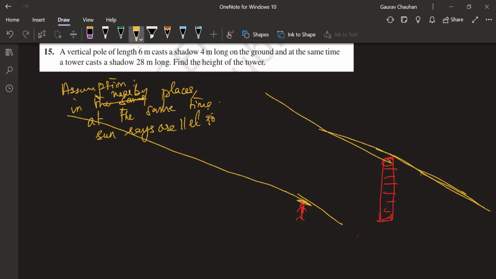Even though we have the same standard time, it will not be true. But in the same place, same latitude, same longitude, very close to each other, sun rays are parallel, which means this angle and this angle are going to be the same. You also know this person is standing at 90 degrees, the tower is also standing at 90 degrees, which means these two triangles will be similar by the AA rule.